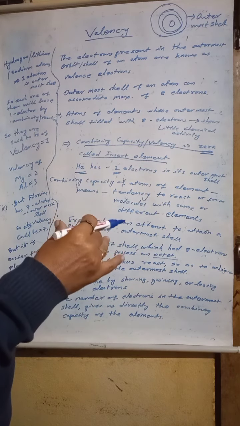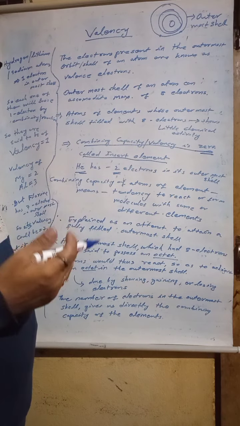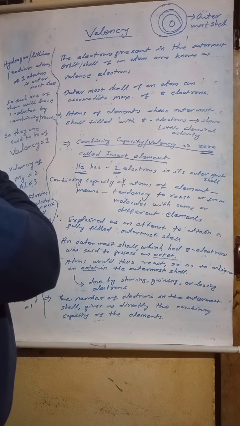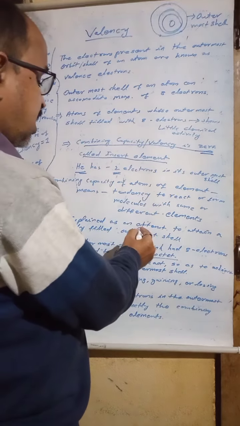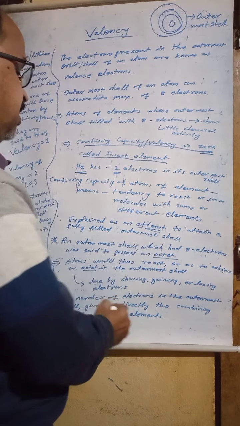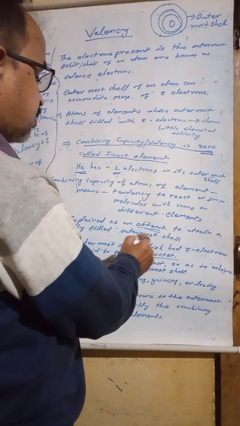That is, to attain a maximum of 8 electrons in the outermost shell, an element tries to attain a fully filled outermost shell.